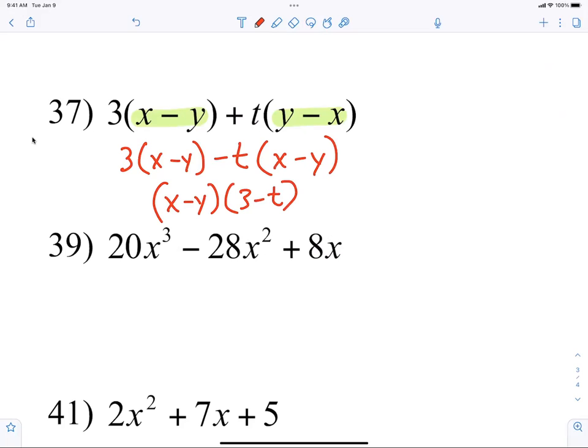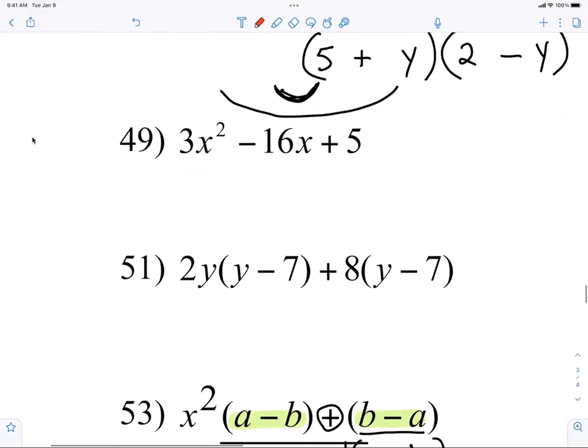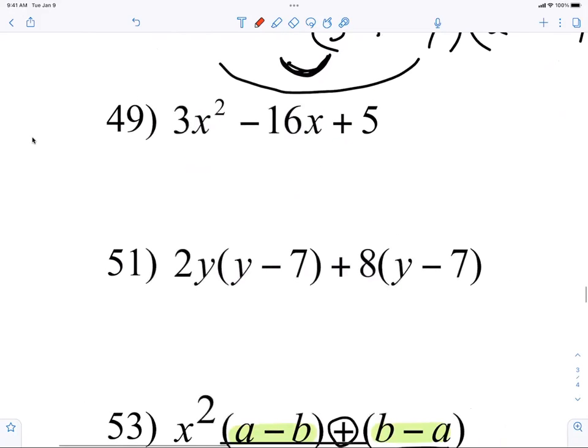All right, let's look at 49. Now, is there anything common here? Is there a GCF for 49? I'm hoping some of you are looking at this going, I'm trying to get 16 with 3 and 5. So what's a good way to get 16 with 3 and 5? Multiply them. Yes. You should start to be able to see that. So I'm breaking it down to 2 separate parentheses because there is no GCF.